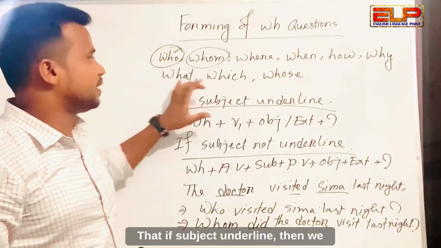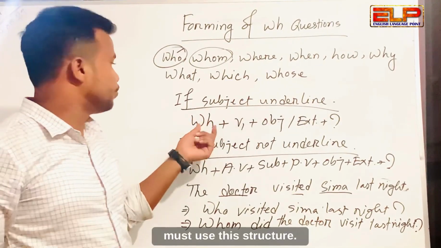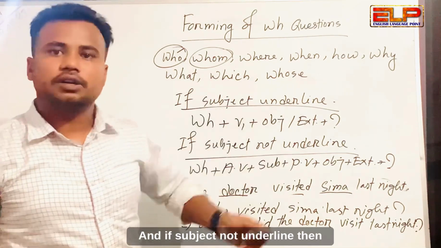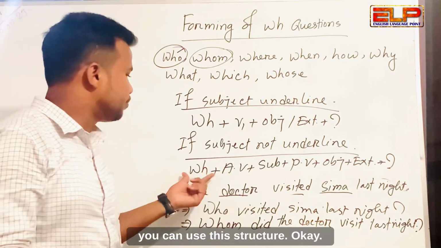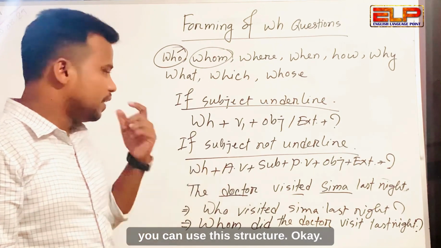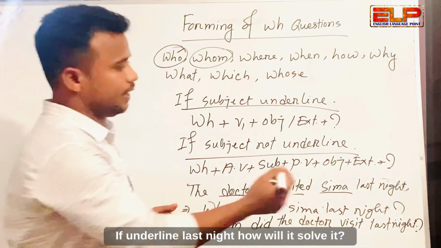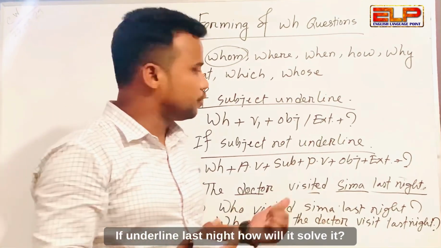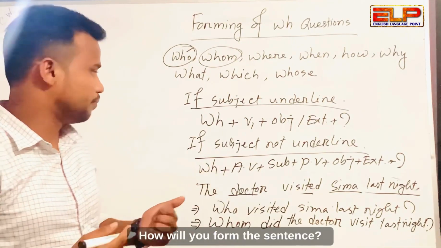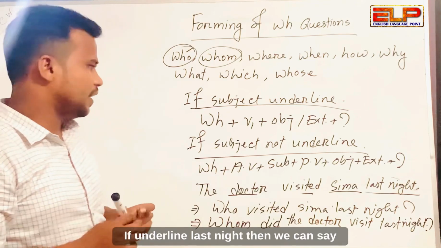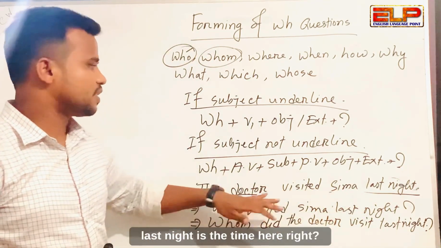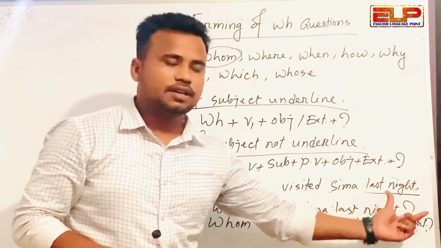We can see these two structures: if the subject is underlined, we use the first structure, and if the subject is not underlined, then we use the second structure. Okay. If last night is underlined, how will we form the question? If last night is underlined, then last night is the time here, right?